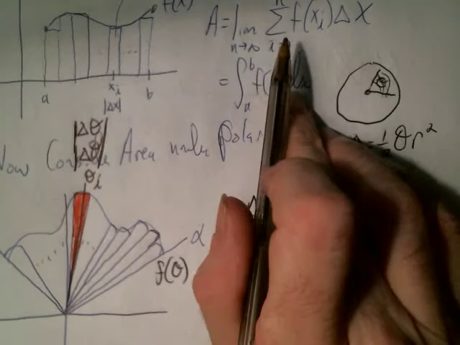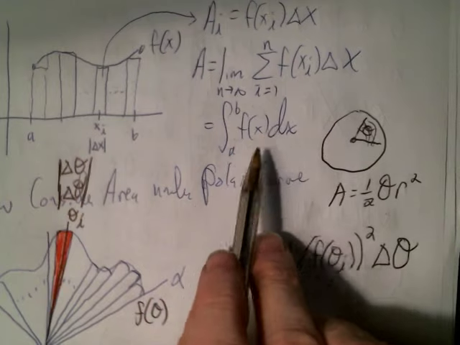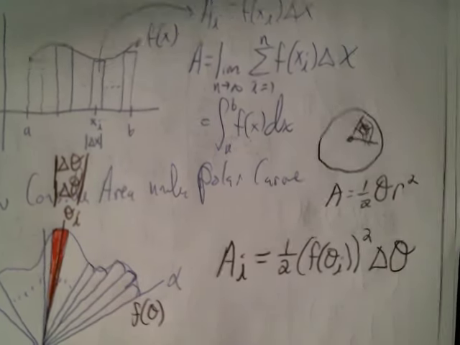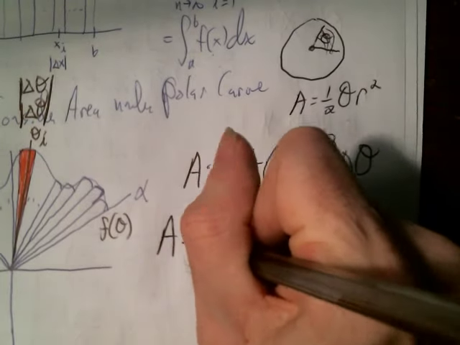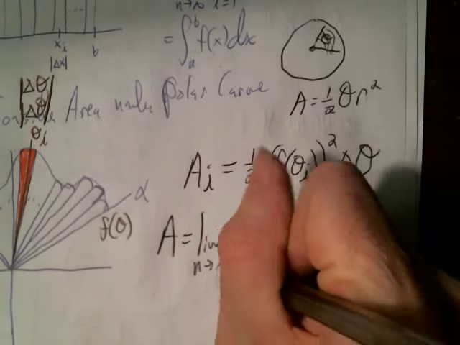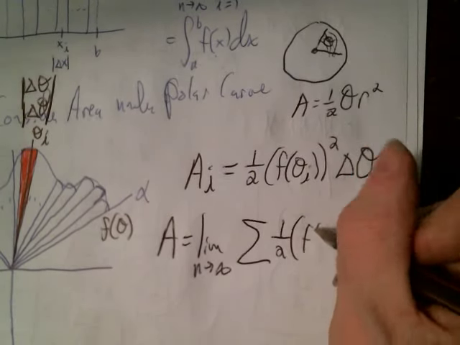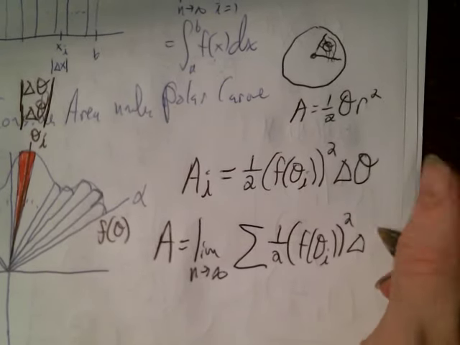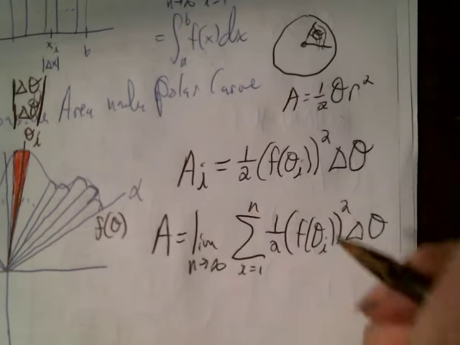Again, we want to sum up all those areas, take the limit as the number of those pizza slices goes to infinity, and get a new formula in this context. So the total area will equal the limit as n goes to infinity of the sum of 1/2 times f of theta sub i squared times change in theta from i equals 1 to n, of course.